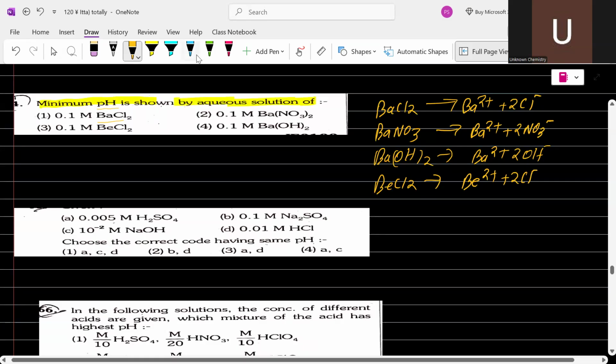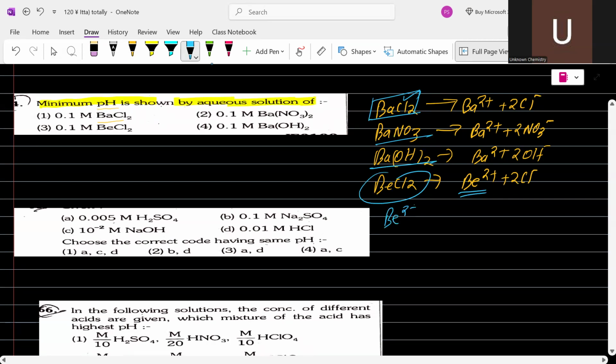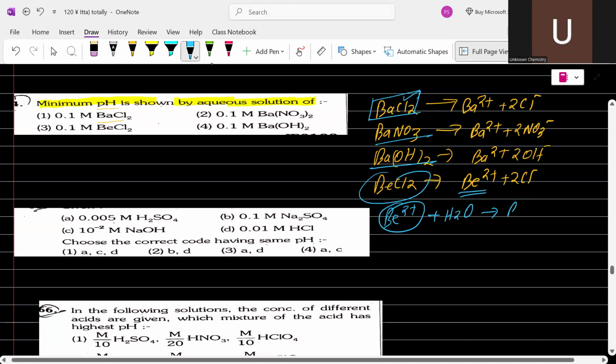Now notice, barium chloride is an alkaline salt made up of an alkaline earth metal and this is also a strong base. BeCl2: here Be2+ has amphoteric nature. So Be2+ will hydrolyze water.